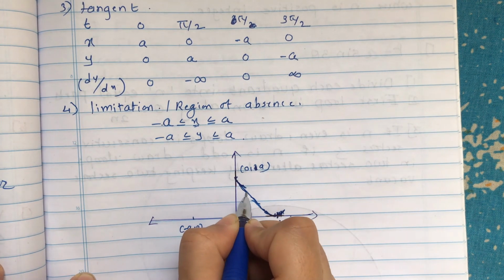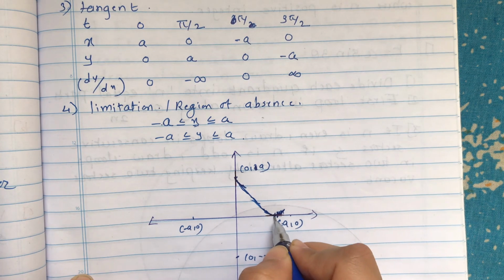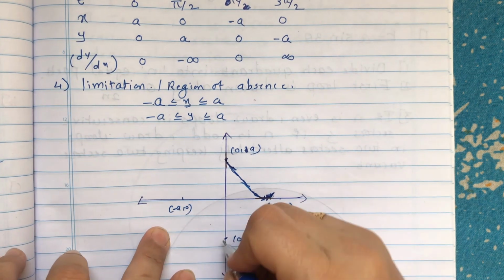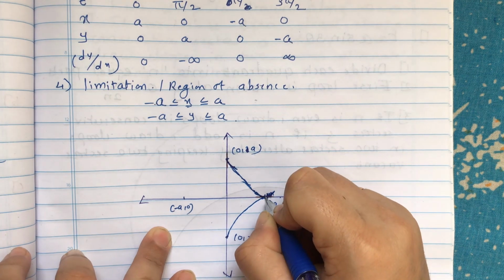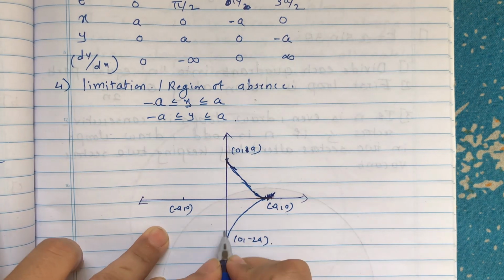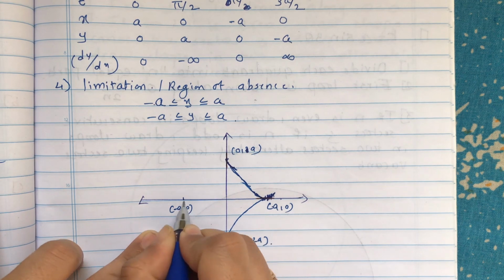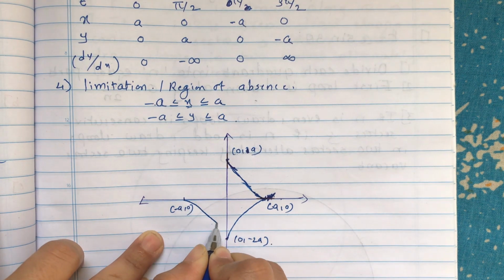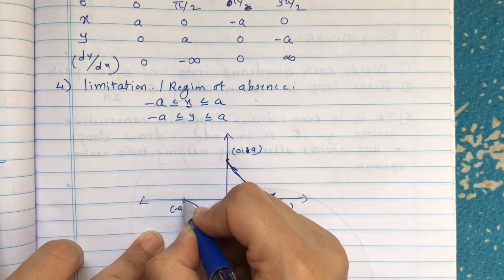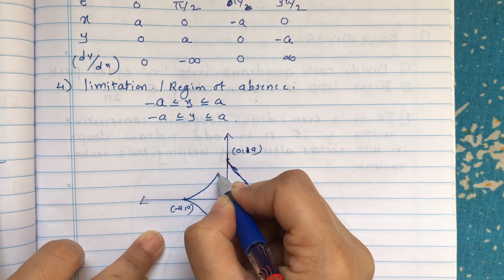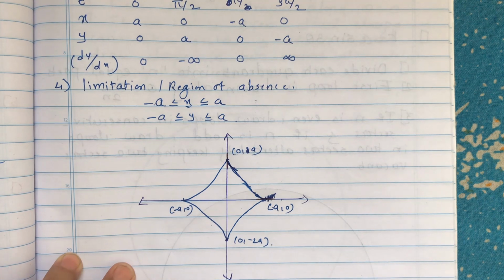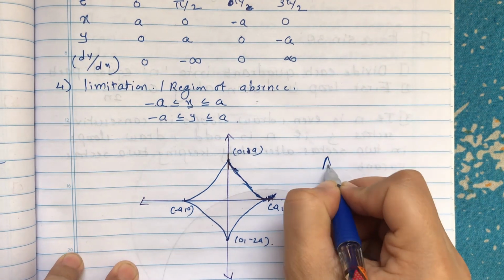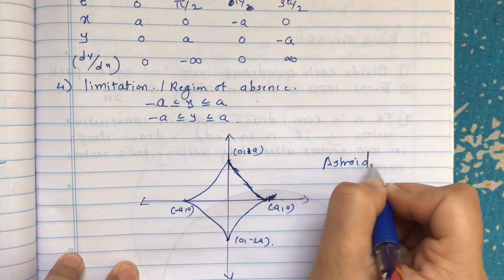So I have completed this roughly. Similarly you can complete this using symmetry about x axis. Now using symmetry about y axis, complete this. Right, so this will be the curve. This curve is called an asteroid.